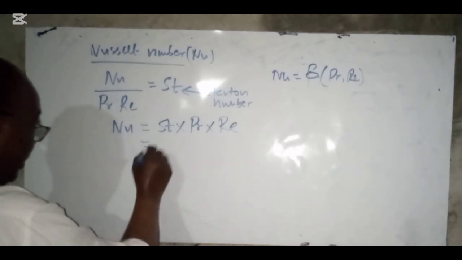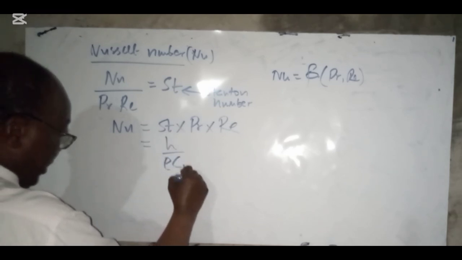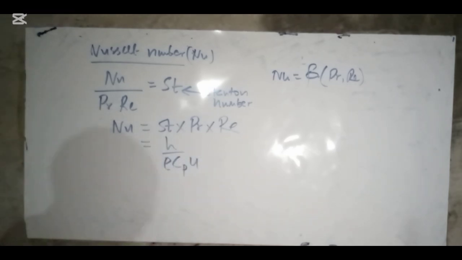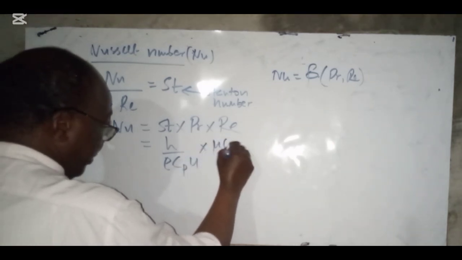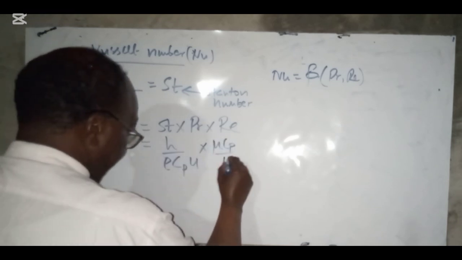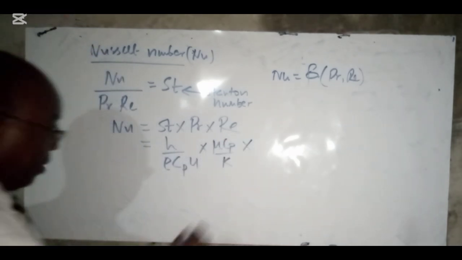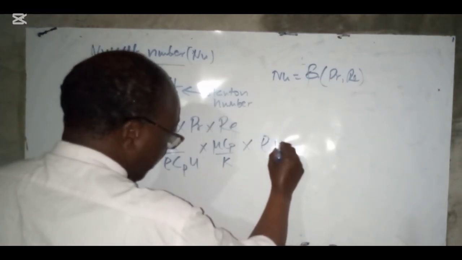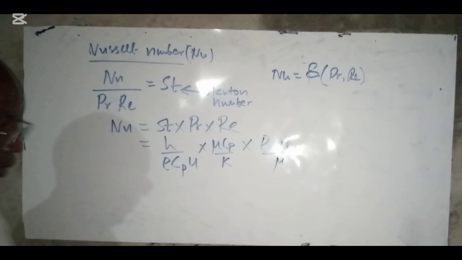And what was Stanton's number? That was h over rho cp times velocity. That was Stanton number. Prandtl's number is mu cp over k, and Reynolds number, remember, was rho u l over dynamic viscosity.